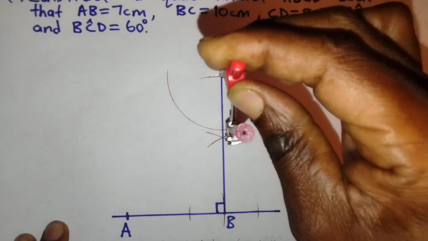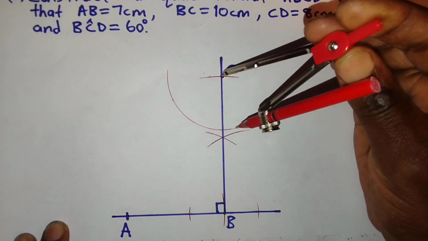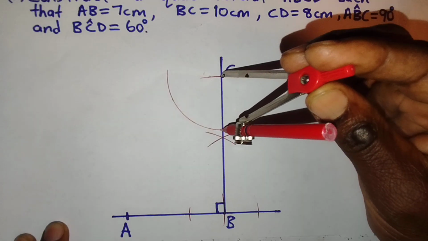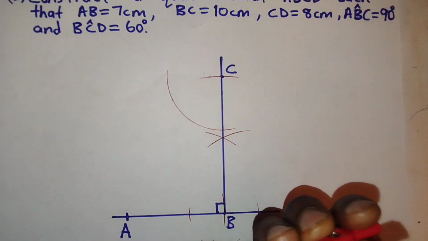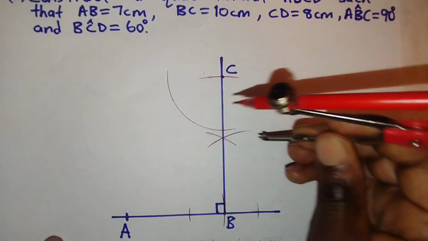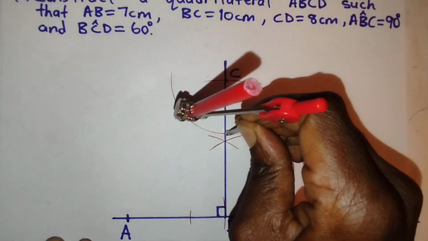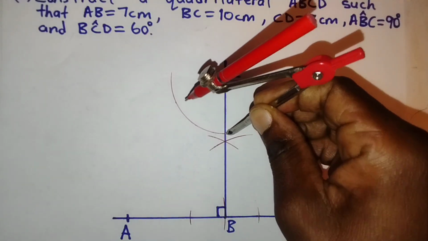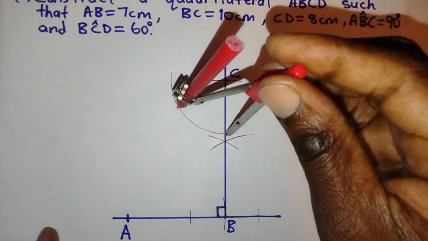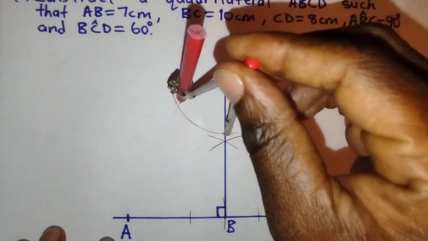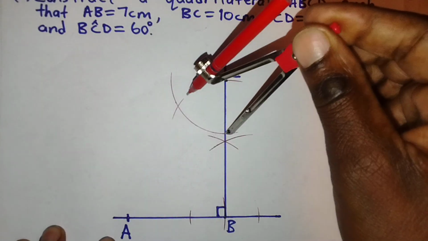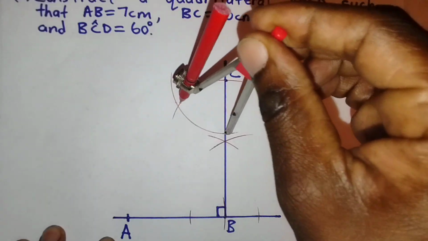Okay, as you can see, the arc is cutting BC here. So now my new center is the point where this arc cuts BC, that's here. Without changing the radius, remember we are constructing an angle of 60 degrees at C. I just draw another arc which cuts this one here.